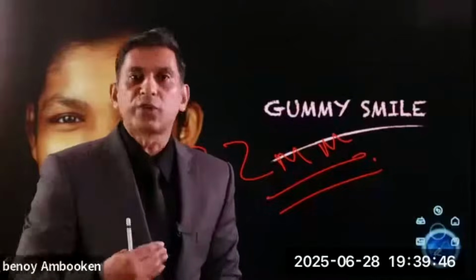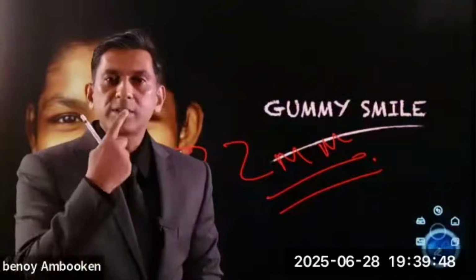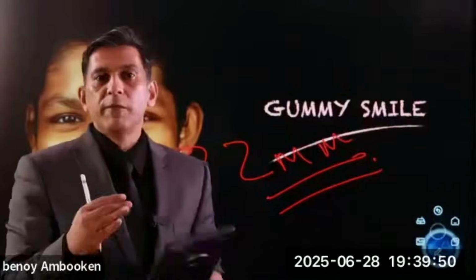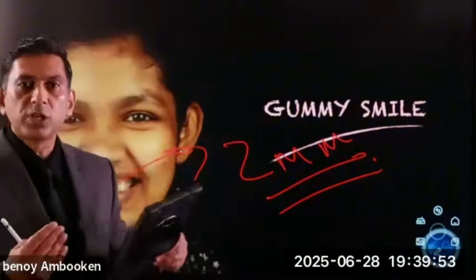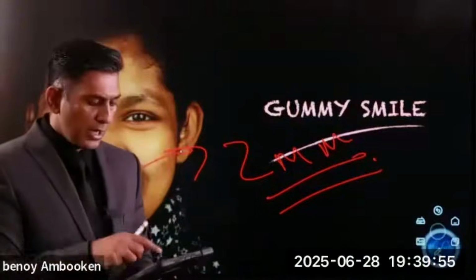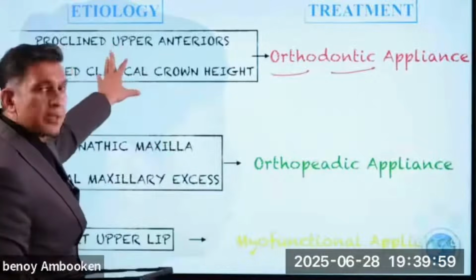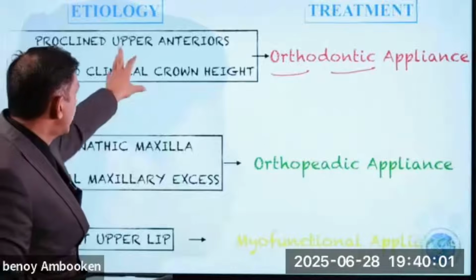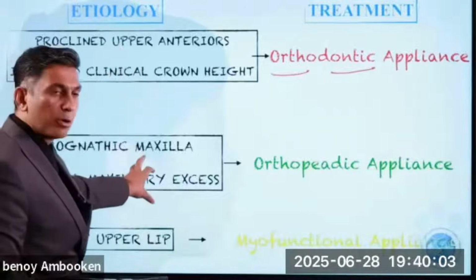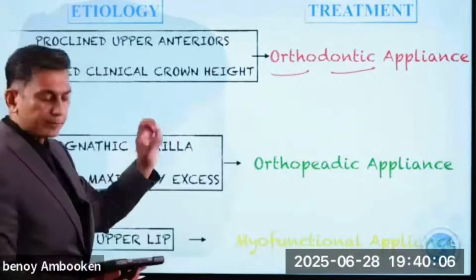You have to look into the soft tissue. In that soft tissue, first thing is evaluating the lips. When a patient is telling my lips are not closing, don't think it is only because of dental. As I mentioned, there are a lot of factors to be considered apart from dental. Sometimes your lips are not closing because of a dental problem, sometimes a skeletal problem, sometimes a soft tissue problem.